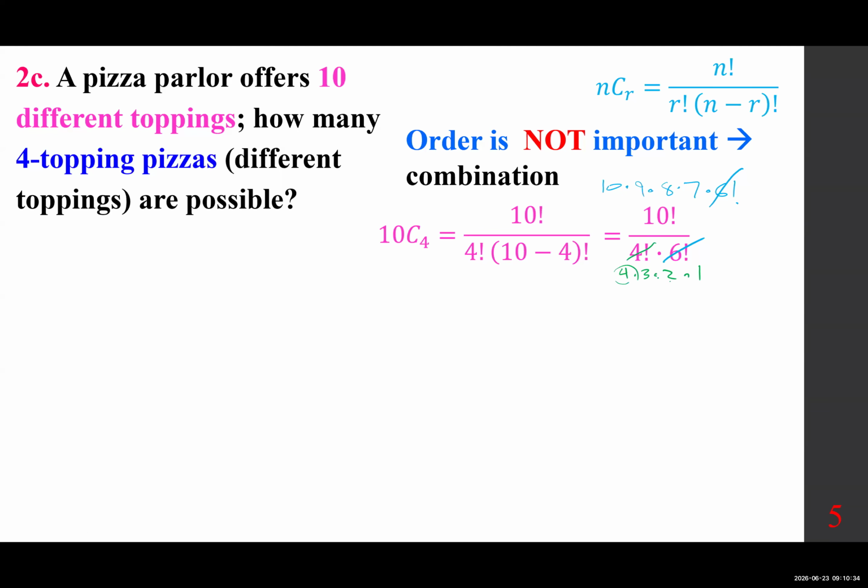Okay, 4 and 2 cancel 8. 3 cancels 9, gives us 3. And we get 10 times 3 times 7, 210. Very straightforward.